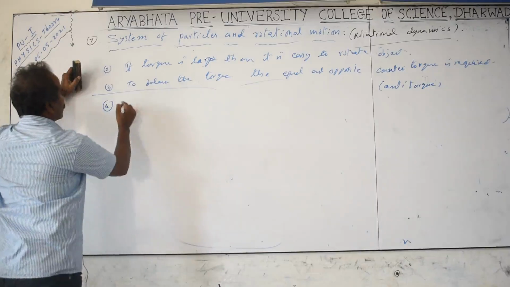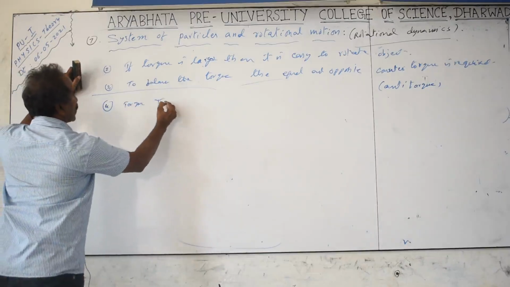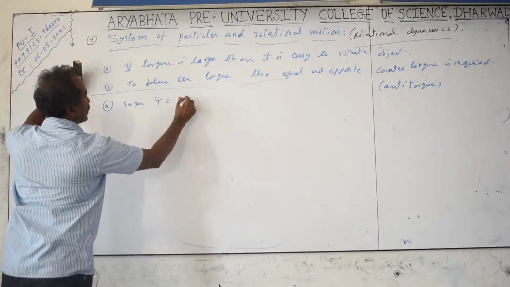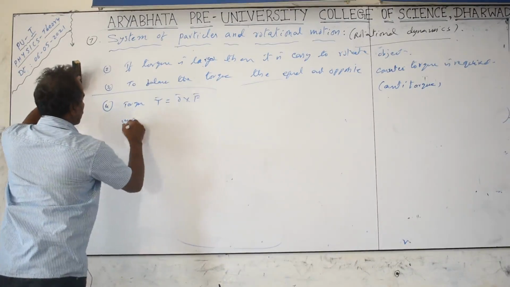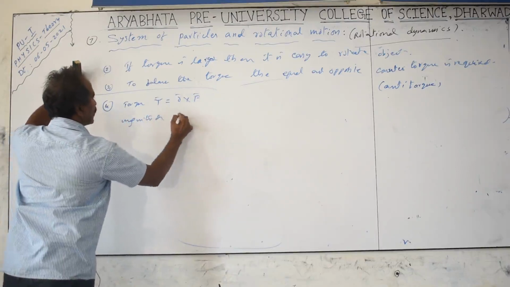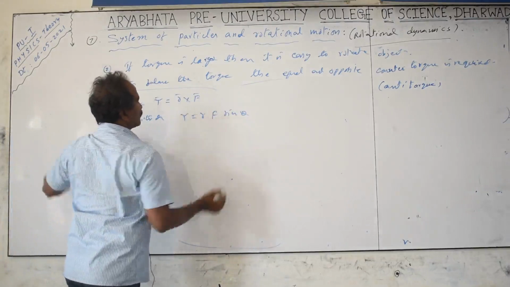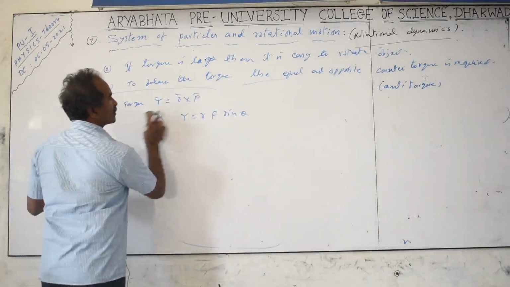The torque formula is tau equals R cross F in vector form, and in magnitude tau equals R F sin theta. What if I take F cross R?